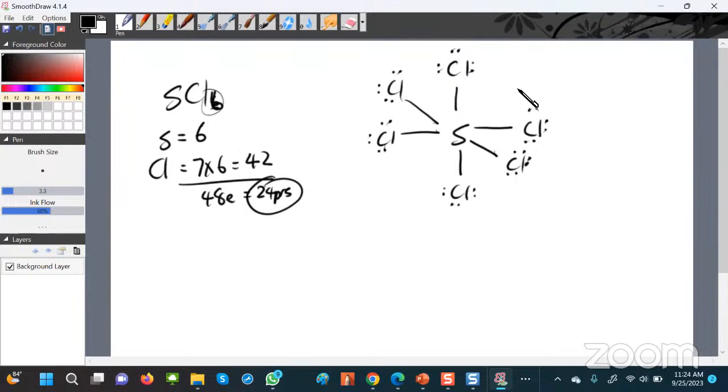I have a funny feeling I'm doing something wrong. 1, 2, 3, 4, 5, 6, 3's 18. Yeah, this was a poor example for me to choose. Not that it would be incorrect, but we have used 18 of the 24 pairs. I have a sneaking suspicion something is wrong here. 1, 2, 3.